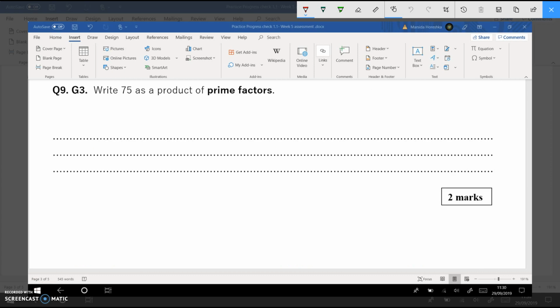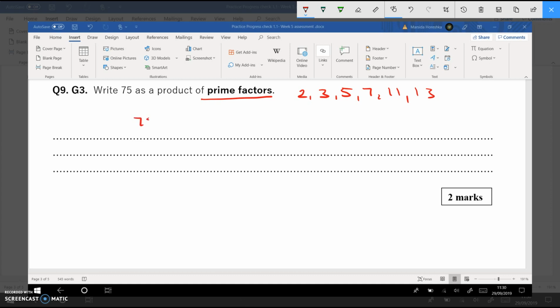Question number 9. Write 75 as a product of prime factors. Prime factors are factors of the number which are prime. So we'll write some prime numbers to help us. We've got 2, 3, 5, 7, 11, 13, and so on.